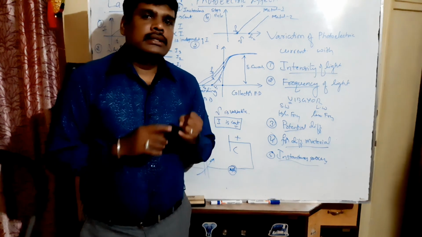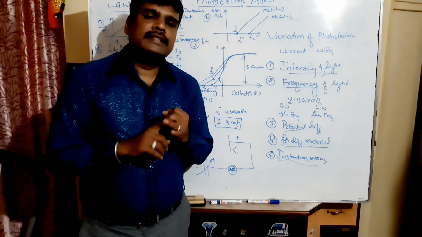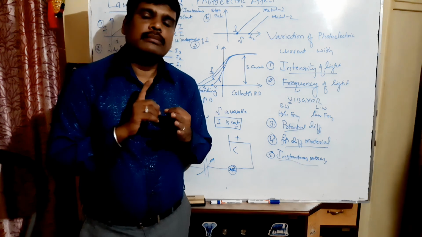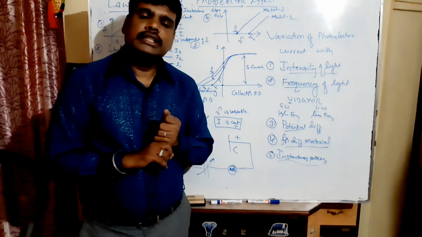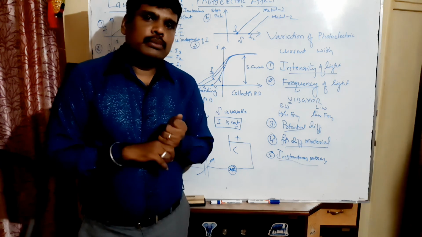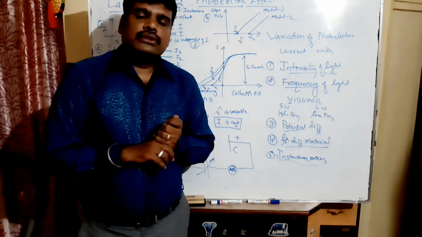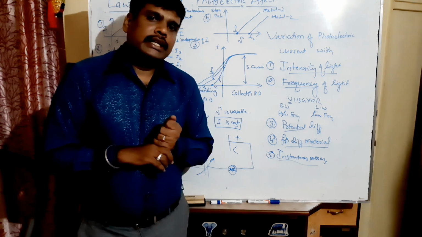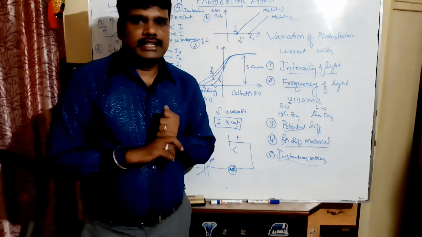The first point is, for the given photosensitive material at constant frequency and constant potential difference, the photoelectric current is directly proportional to the intensity of light. The second point is, for the given photosensitive material, the saturation current is directly proportional to intensity, but the stopping potential is independent of intensity of light.